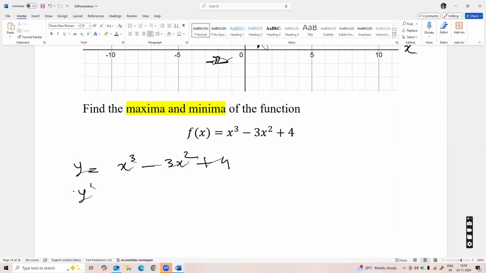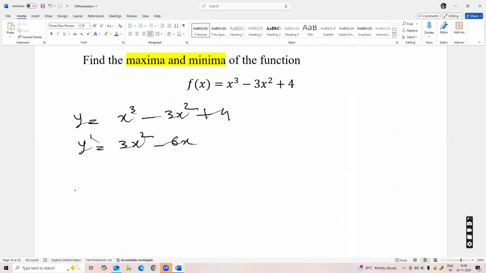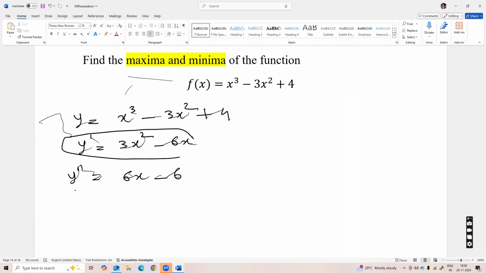Let's take the first differentiation. It is equal to 3x square minus 6x, and for 4 it is 0. Again we take the second differentiation, and it gives us 6x minus 6. Now to find the location of maxima and minima, we equate y dash, the first derivative, to 0.